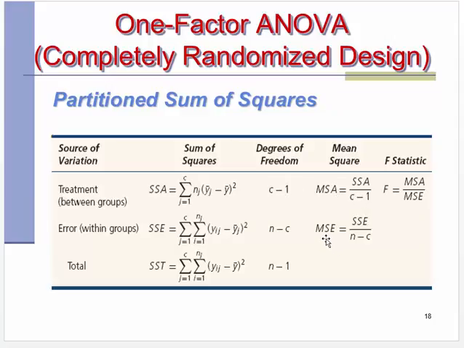The mean square error is SSE divided by its own degrees of freedom, N minus C. Then you calculate your F statistic, MSA over MSE, and we are ready to test.